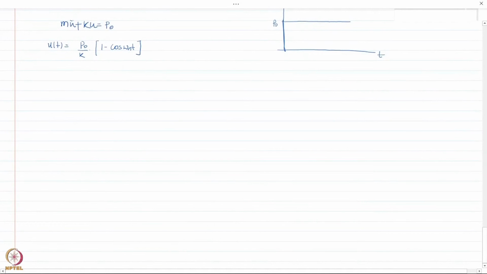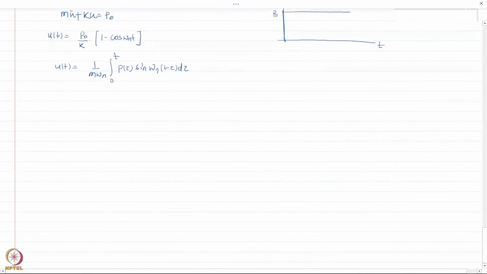Remember, for an undamped system, the Duhamel integral says the response is the integral from 0 to t of p tau sine omega n (t minus tau) d tau. Now the force is actually constant, so it doesn't matter what time you consider, p tau would always be equal to p naught.